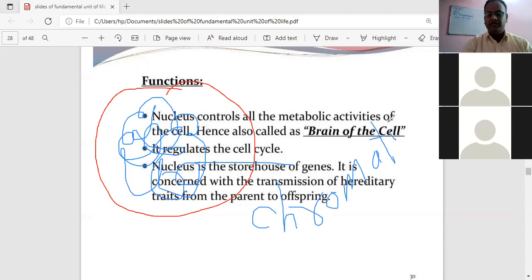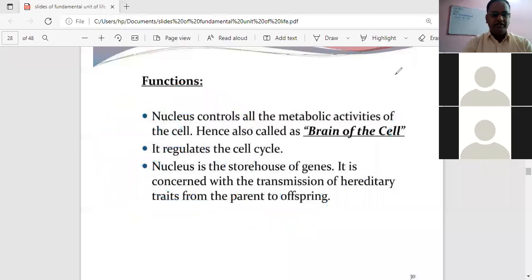Now, what is a chromatin? A chromatin is a condensed chromosome. Is my writing visible to all? What I have just written, is it visible? Okay, fine, I got the feedback.